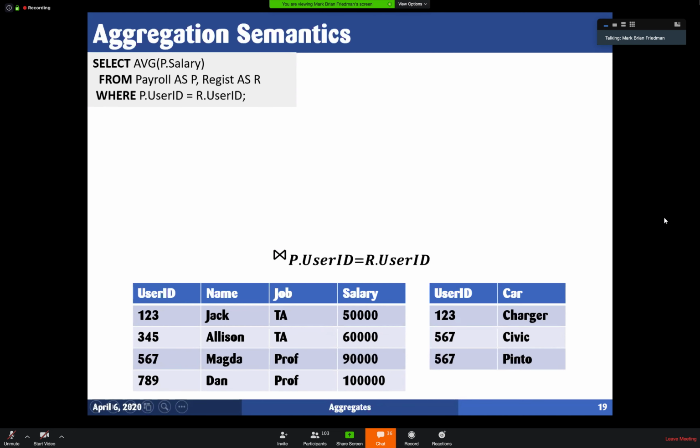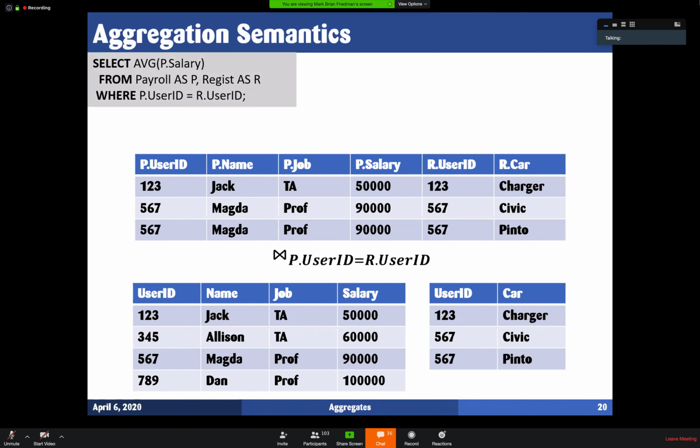So the result of that join, if you're with me, is something that looks like this. And that relation, that intermediate result set, if you will, is the relation you're going to apply the average function to.